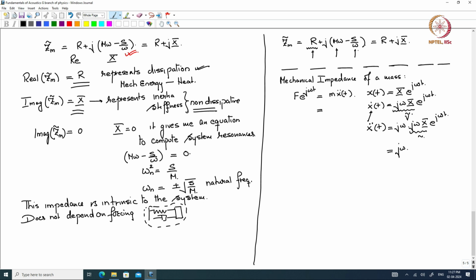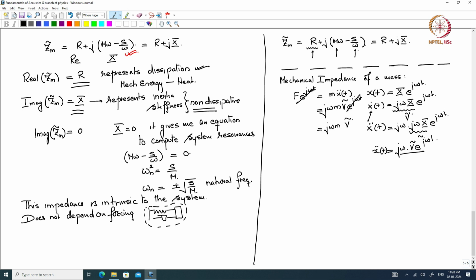So, if I come over here and substitute this entire thing, I get j omega m v tilde e to the power of j omega t. If I cancel e to the power j omega t, what I have is j omega m into v tilde.